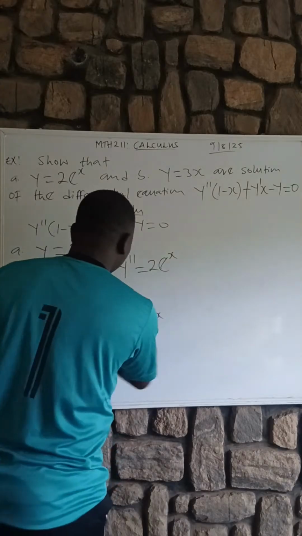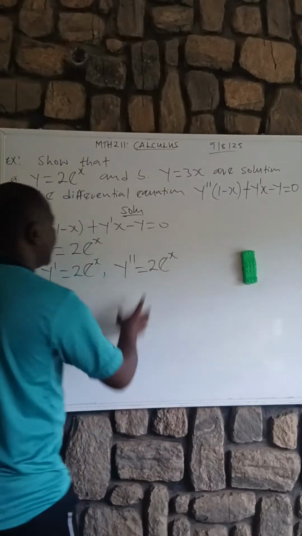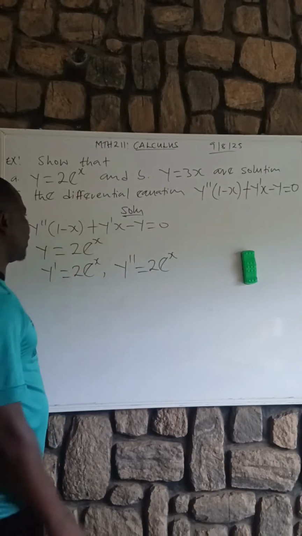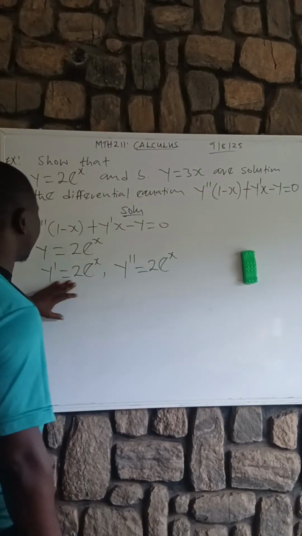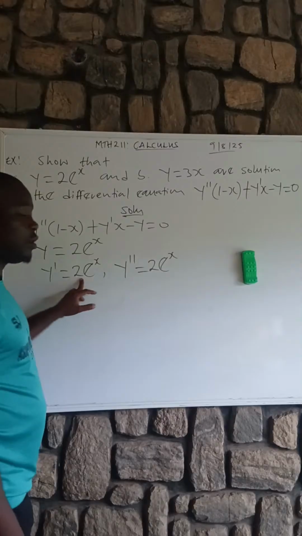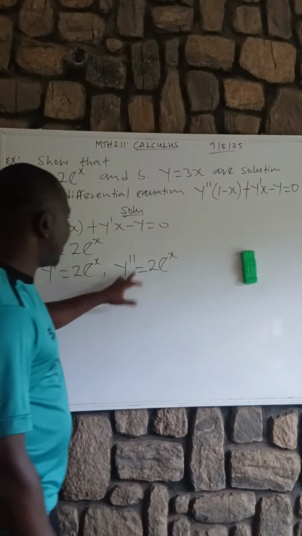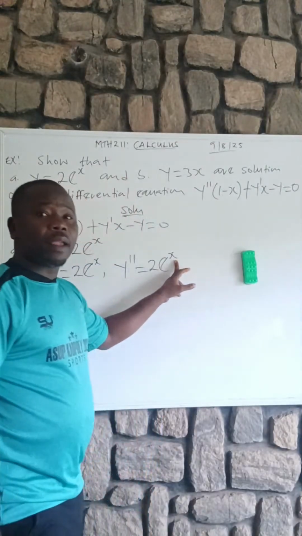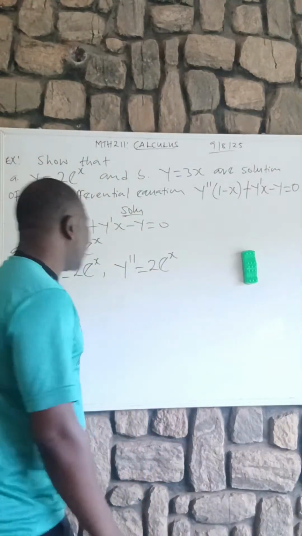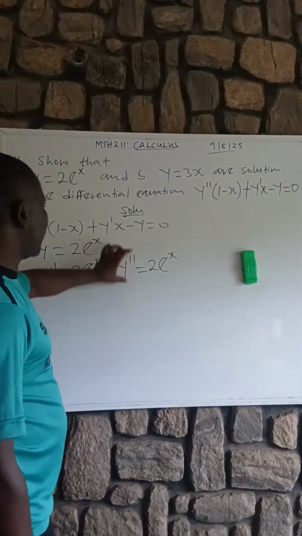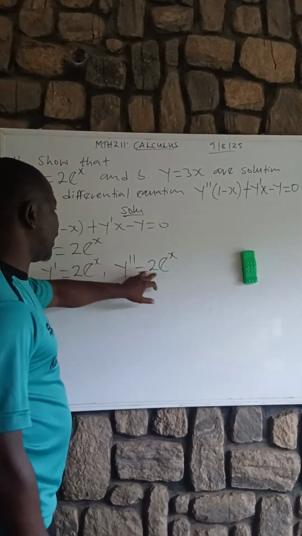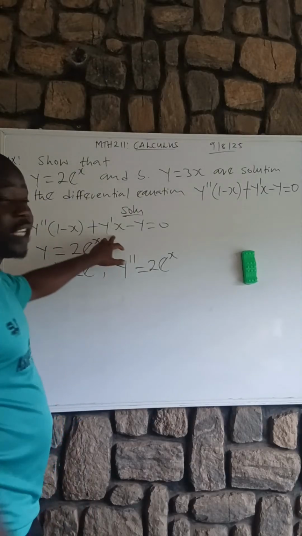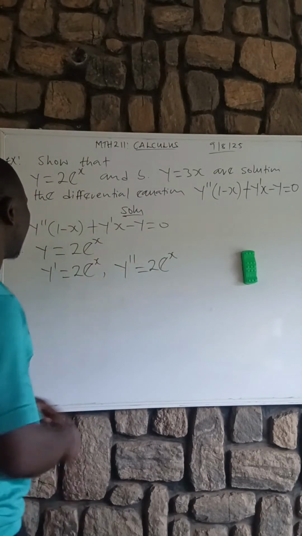So let us prove whether this function will be a solution to this differential equation. Our y prime is equal to 2 exponential x. It means anywhere we see y prime in the differential equation, we write 2 exponential x.